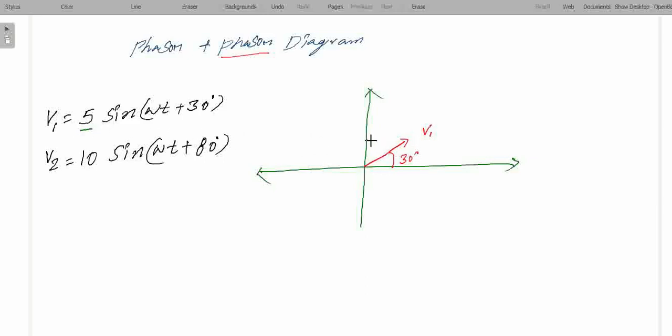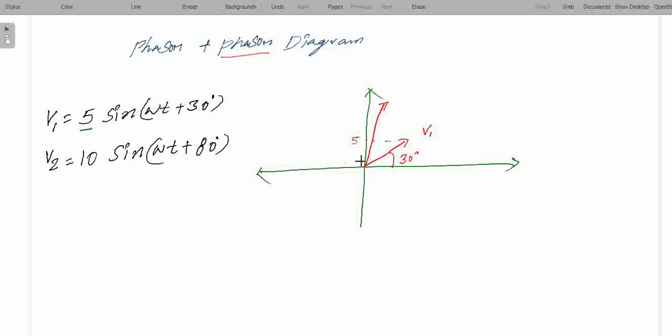This 5 is the length of this vector. Then V2 is equal to 10 into sine omega t plus 80. The length is more, and 80 is near to 90, so it comes somewhat like this.